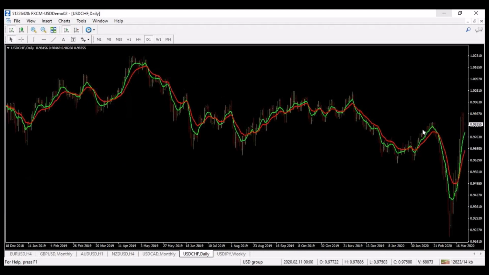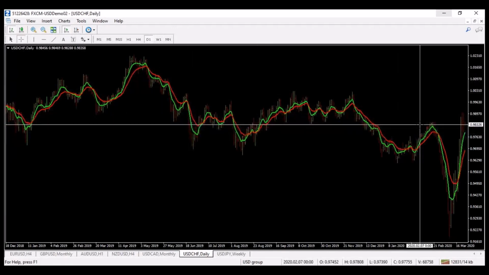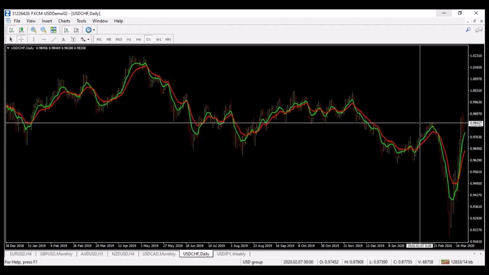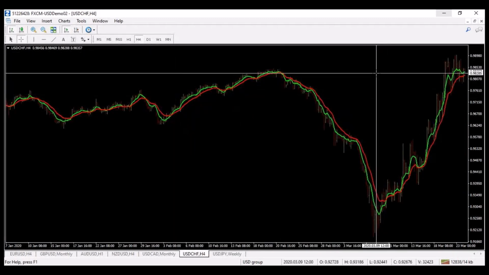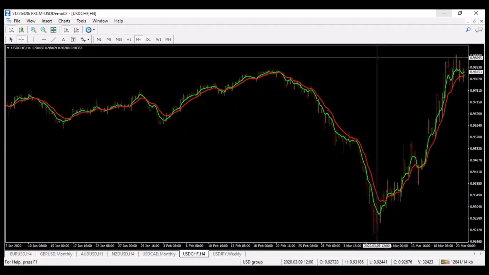Taking a look at the dollar Swiss on the D1, we've moved up to a fairly decent resistance level, and it's pulled back from that level a little bit. You can see it better on the 4 hour. If the pair does move higher, I'd like to see it get above 0.9890.